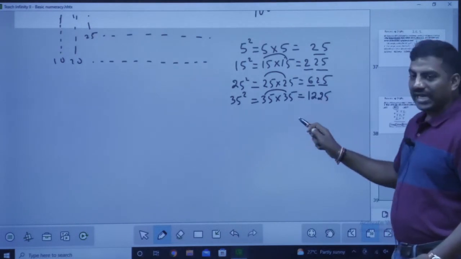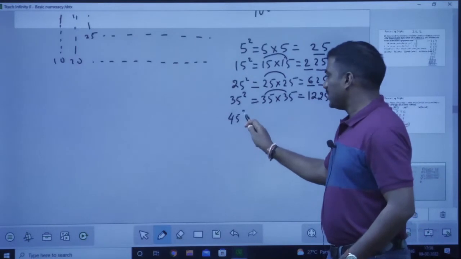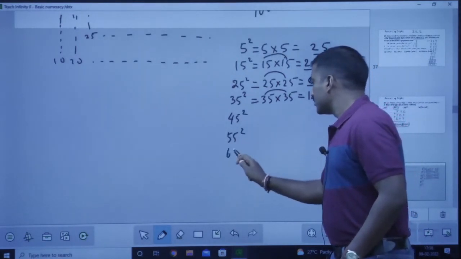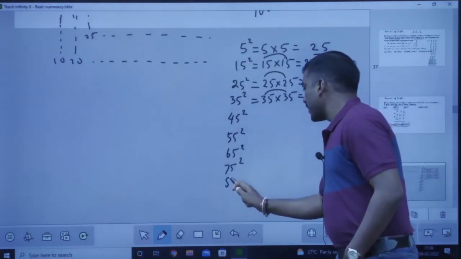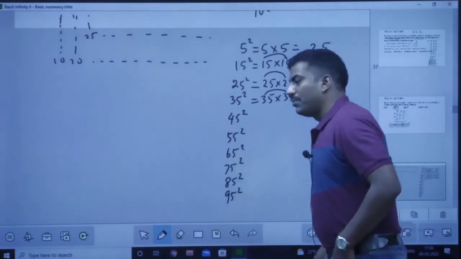It is not time to relax. Write all the squares of numbers ending with 5. Quick, complete.